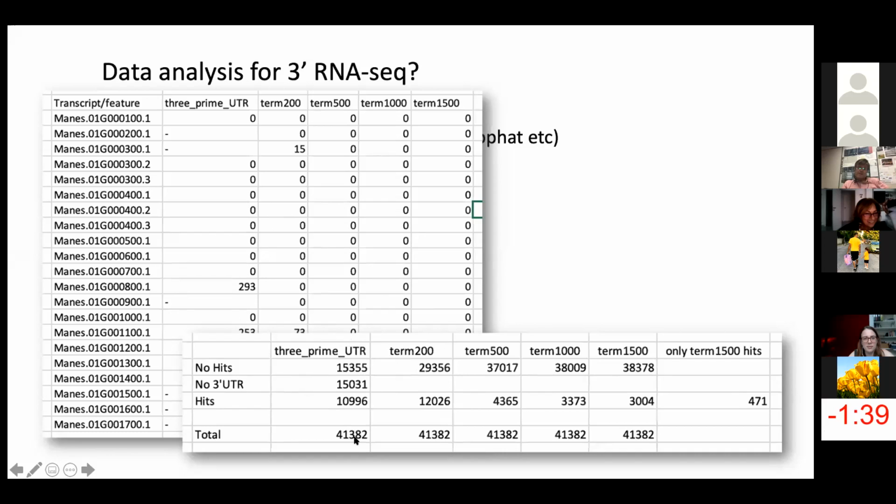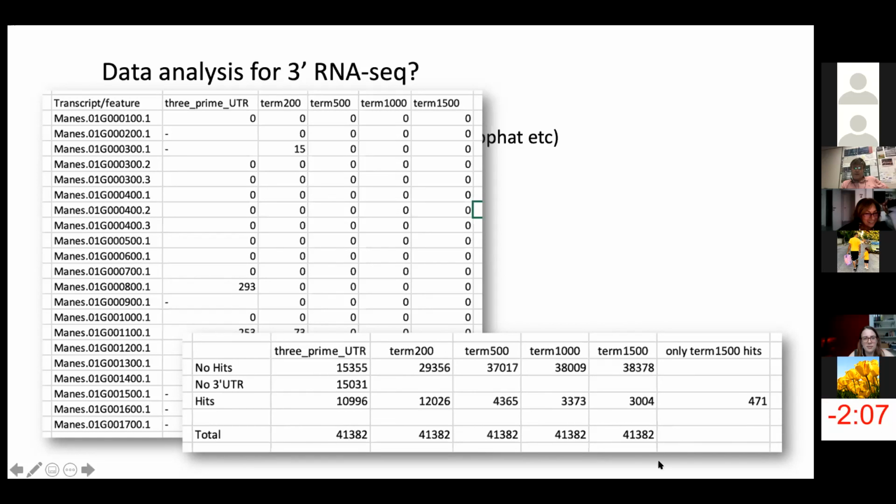We see, for example, that of our 40,000 predicted genes in cassava, about 15,000 have no hits in the UTR, but about 3,000 regions, 1,500 nucleotides downstream, have hits in this region.